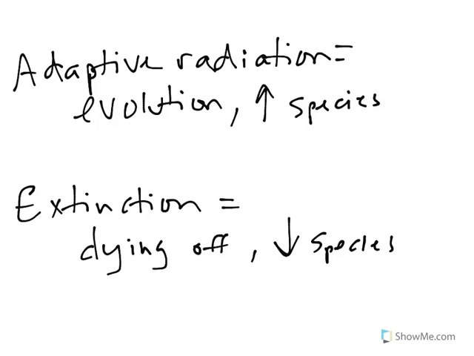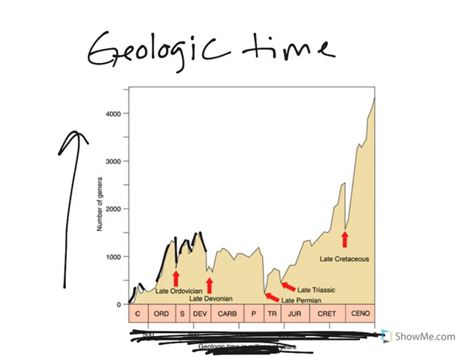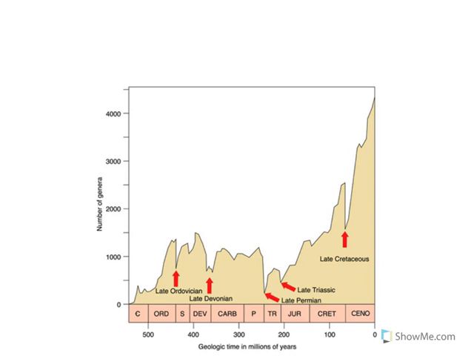So if we go back to this diagram, and let me clear these drawings here, we can see that we have these radiations and extinctions. Again, remember we didn't have any of this. So what we see is this pattern, and within that pattern, that's where we set the ages, the different time periods.